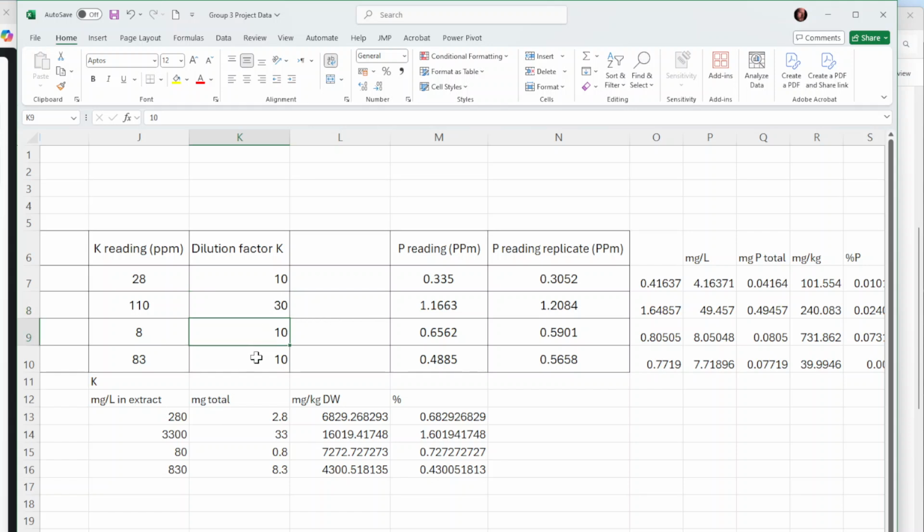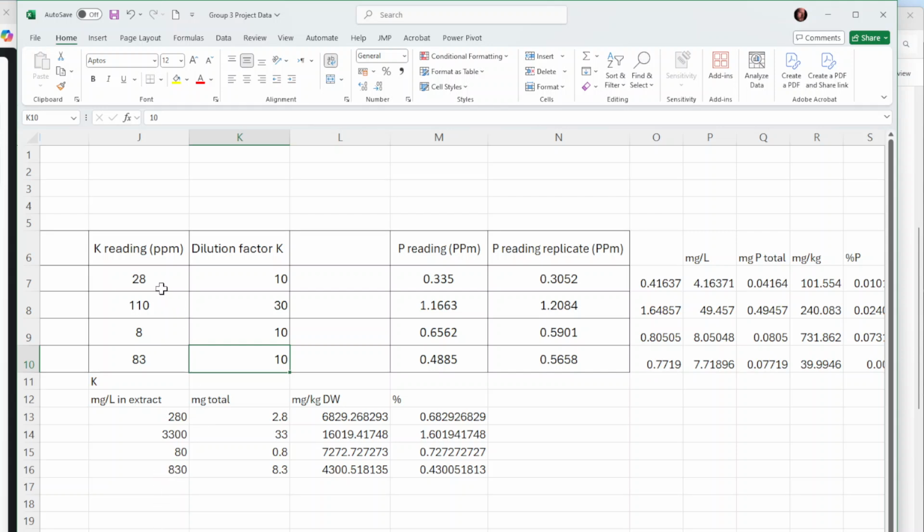And the dilution factor for the other two is also 10 times. So meaning you took 1 ml and diluted in 10. In this case, 1 ml and you diluted in 29 ml. So it's 1 in 30 and the other ones are 1 in 10, the dilution factor.